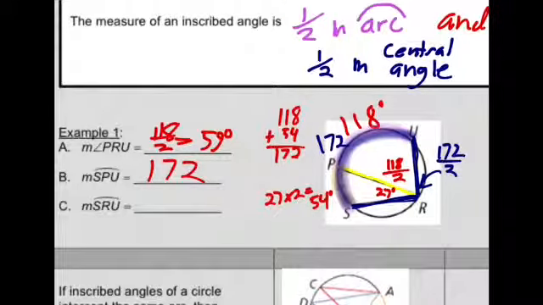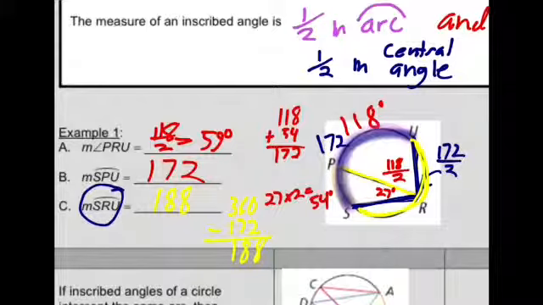Oh, you gotta catch me when I do this. They're not looking for the measure of the angle, are they? They're looking for the measure of the arc. So we're going to do 360 because that's the entire circle minus what we already know, 172, and that's going to give us the other side of the circle, which is this. Come on, Mr. Kelly, get your head in the game. 188 degrees. Okay.